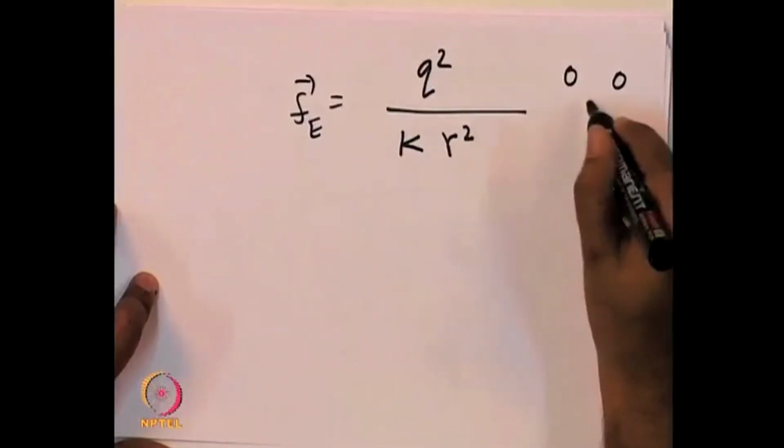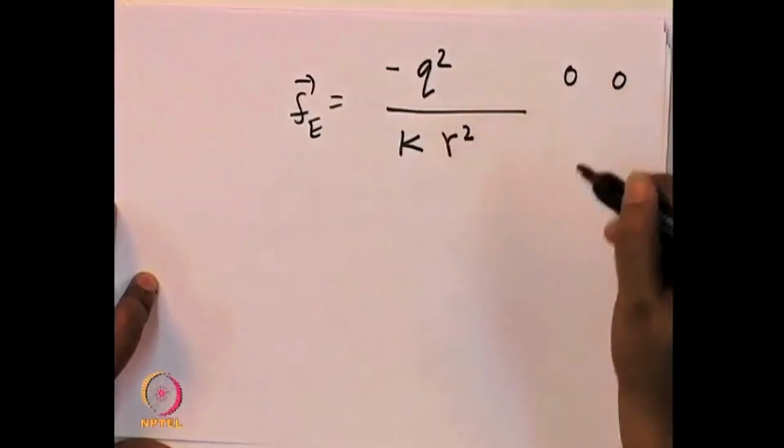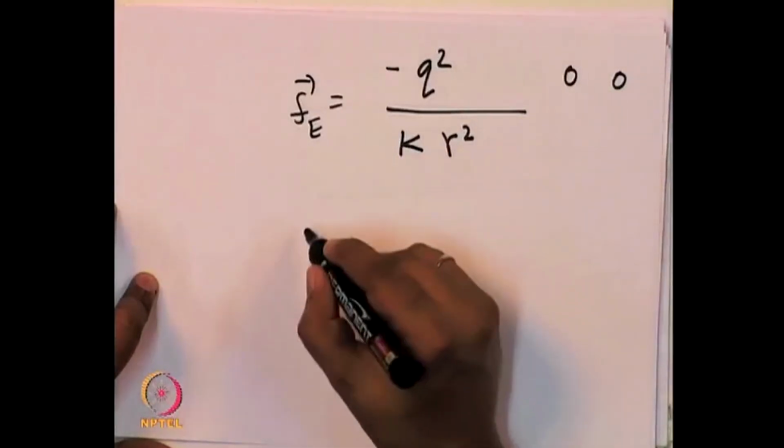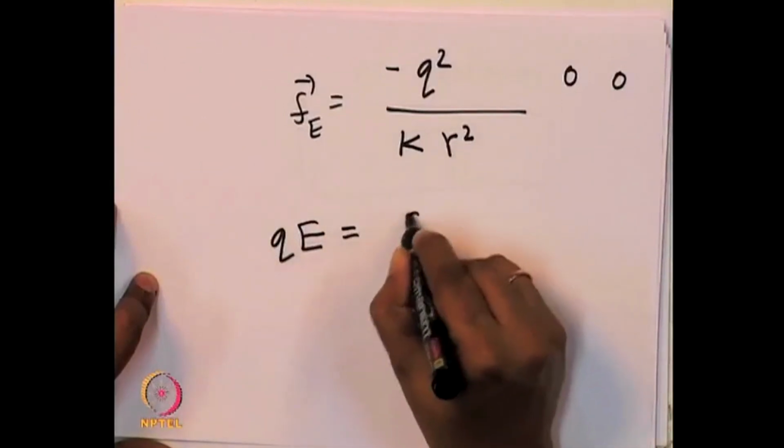If it is plus and minus, it will be minus q into q, so there will be a minus sign. But this will be the force. Now, we also said a minute ago that qE is equal to F.